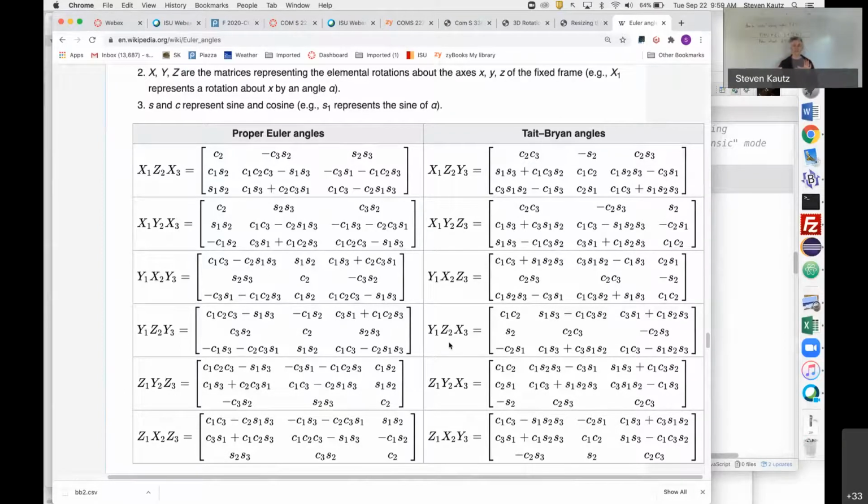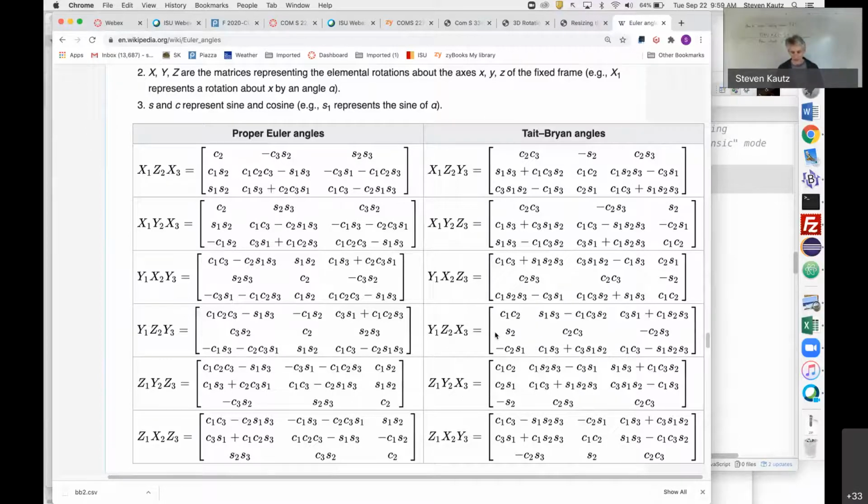Because the matrix is determined by where the axes are. The columns of the matrix are the coordinates of the newly located axes. The thing is, when you want to interpret that in terms of Euler angles, there are many possible interpretations.